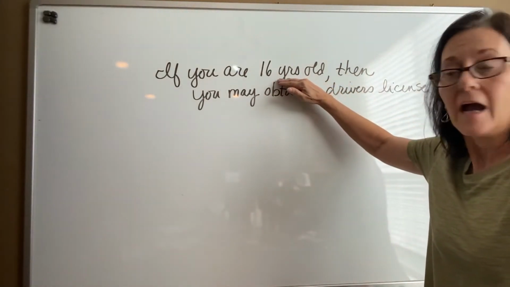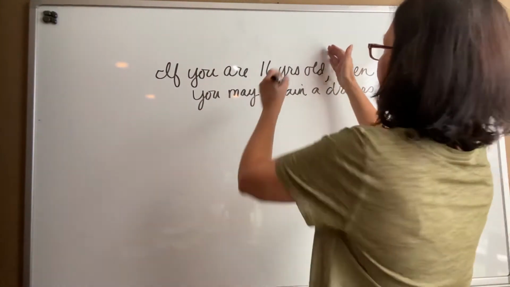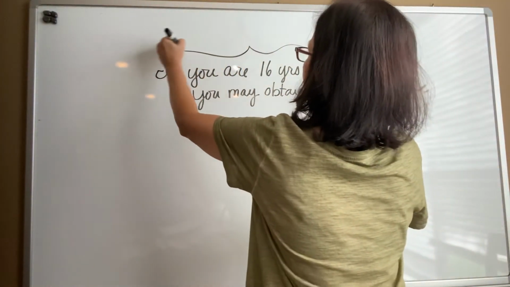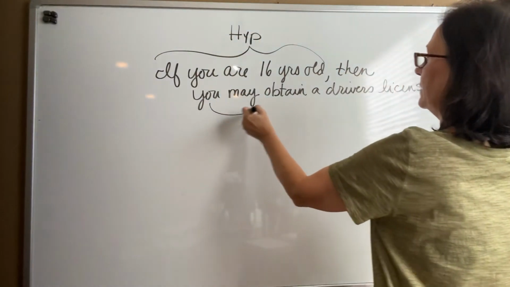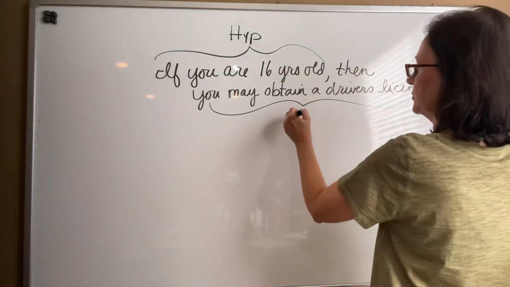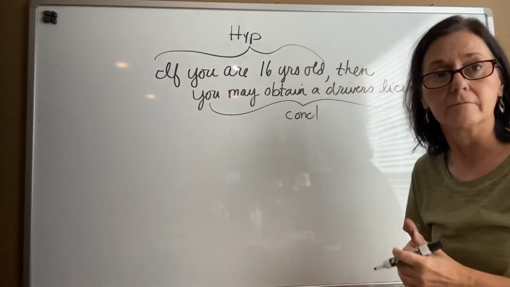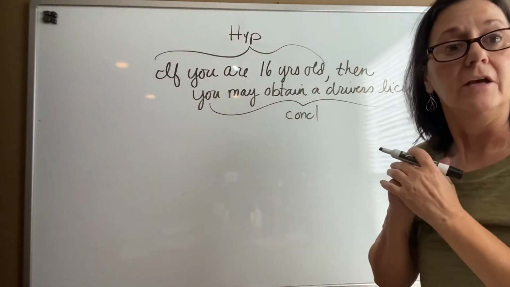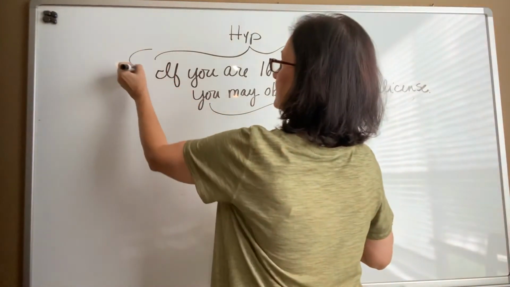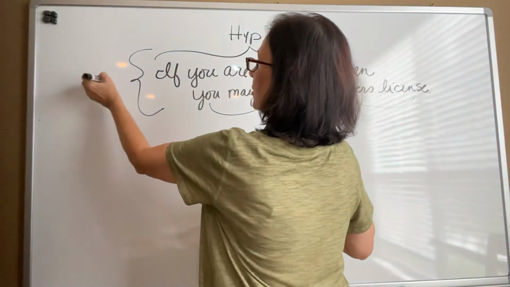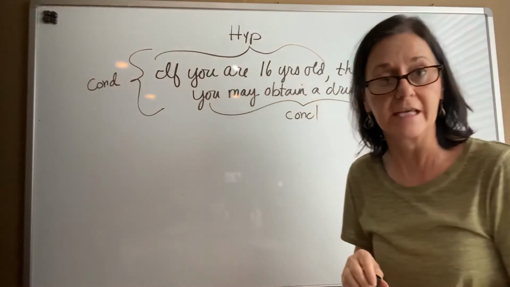My hypothesis is this first part. This part here is my hypothesis. This part is my conclusion. The whole statement is called a conditional statement.